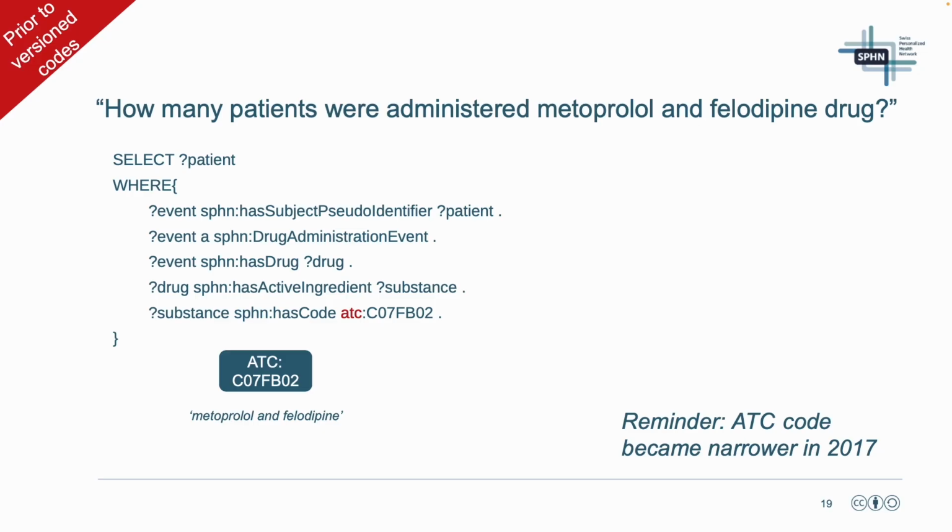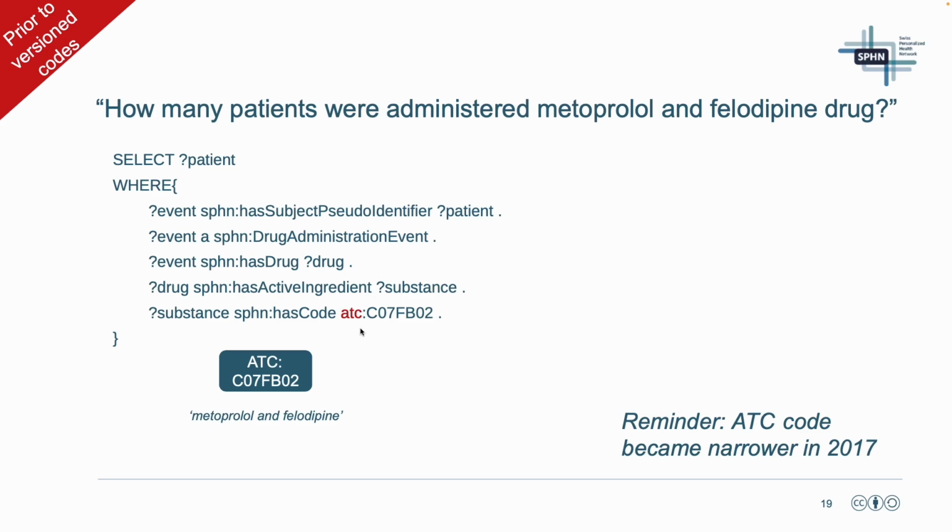So how was such analysis done prior to the version codes? If we take the example of a query where we want to see how many patients were administered the metoprolol and felodipine drug, the data user would write a SPARQL query like this, where a patient should be retrieved with a drug administration event where the drug contains this active ingredient.